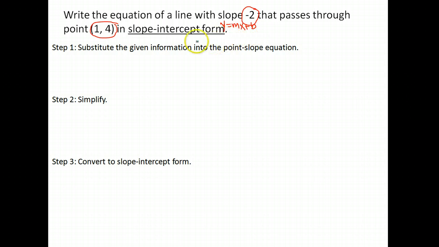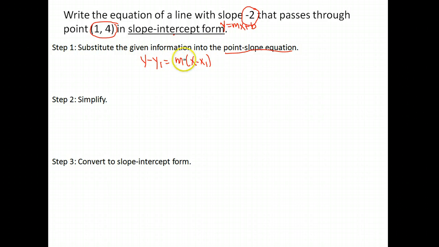How I'm going to start this is the way we started our previous questions. I'm going to start by using point-slope form, which hopefully you remember is y minus y1 equals m times x minus x1. Although point-slope form and slope-intercept form are two different forms, they still describe the same line.